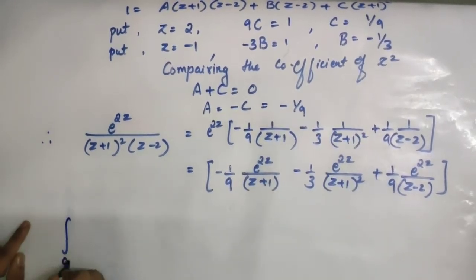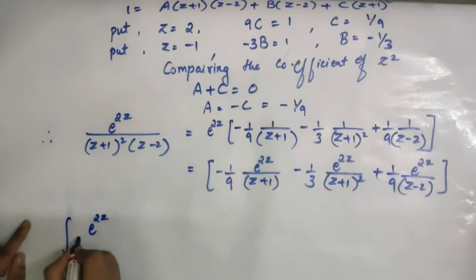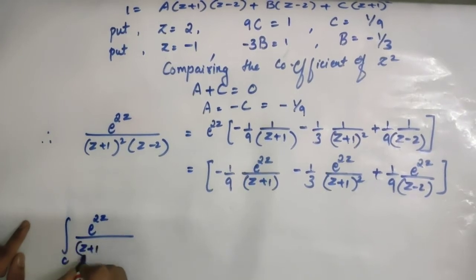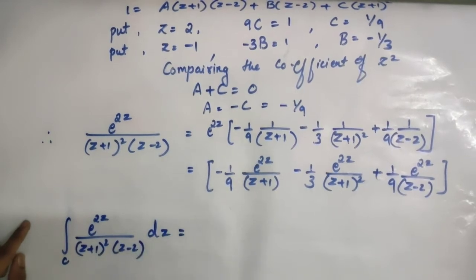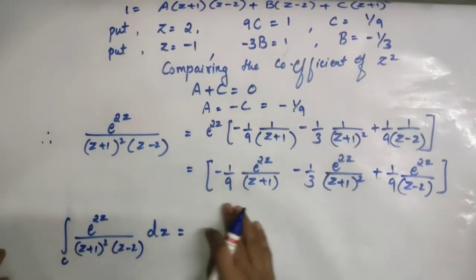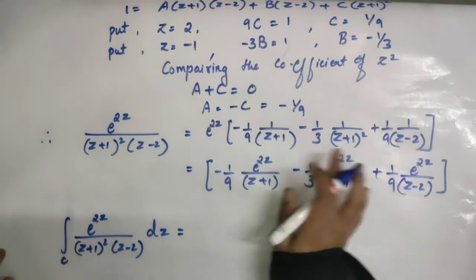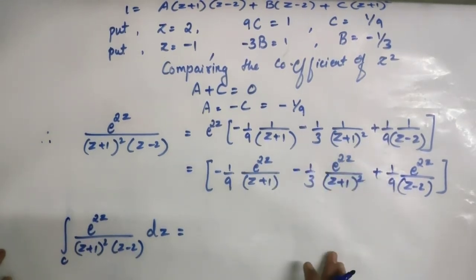So the integral over the curve C of e^(2z) divided by (z+1)^2 (z-2) dz is actually equal to, let us separate each of the terms, because this complete term is equal to this, so we can separate our integrals and write.